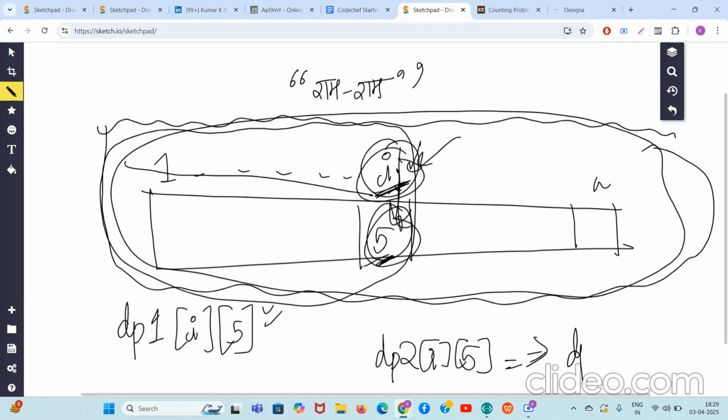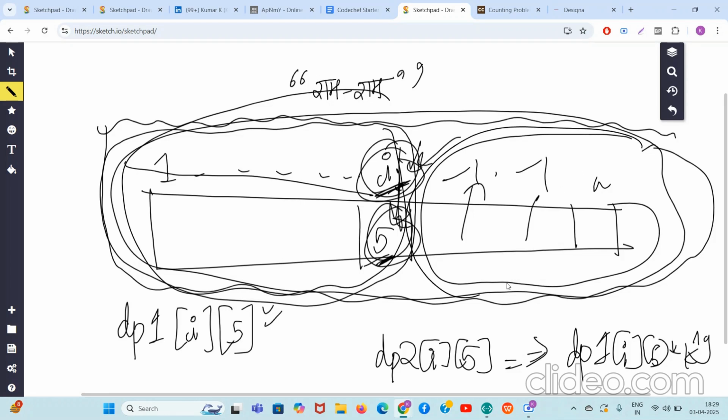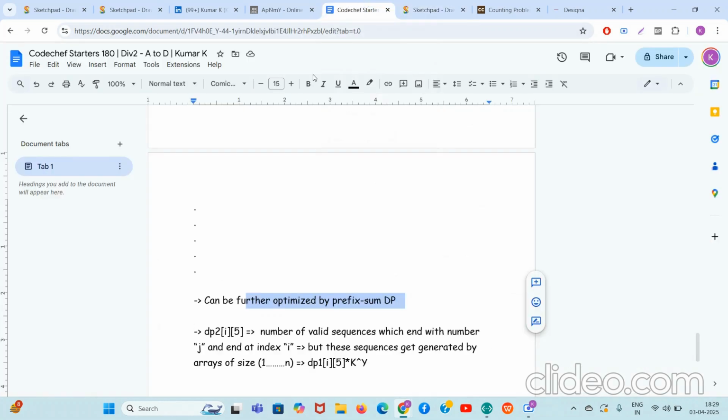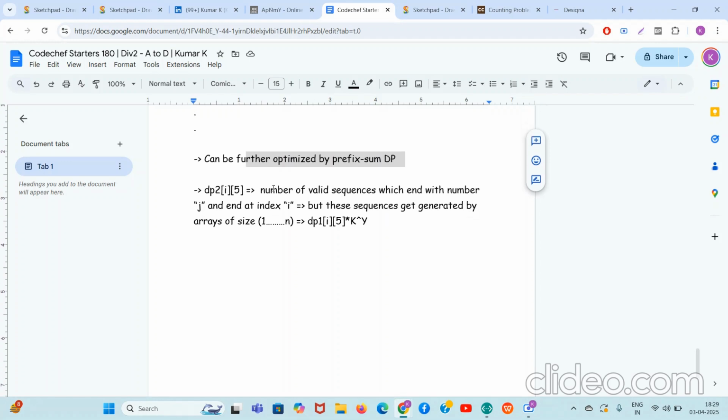This is nothing but what? dp[1][i][5], meaning this much part is solved, multiplied by k raised to y, where y is the number of -1 in this part, because these different arrays will also get generated now and these will be multiplied with these sequences. So my goodness, this is really thought provoking.